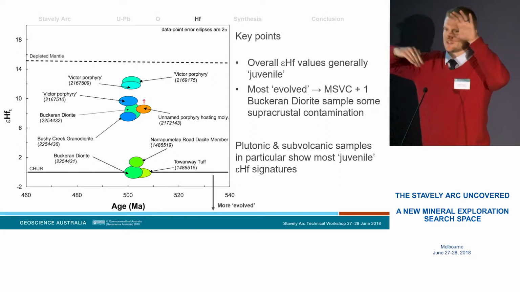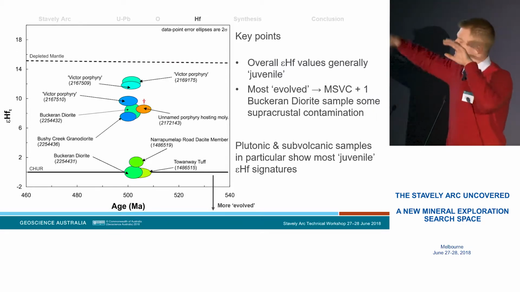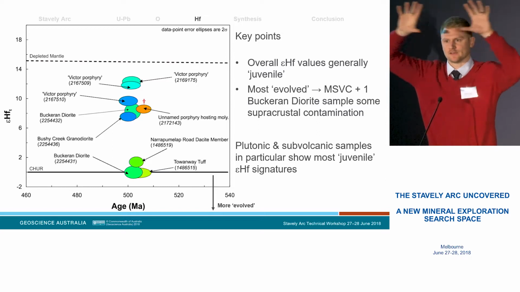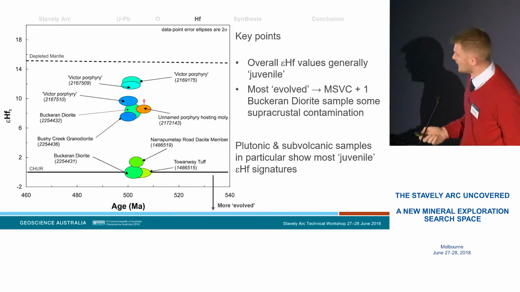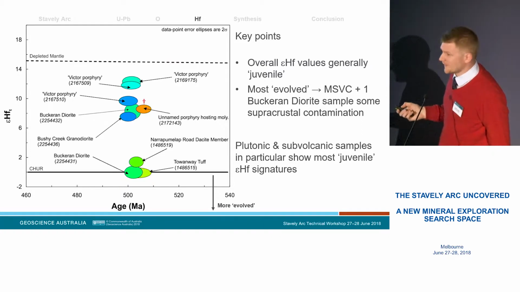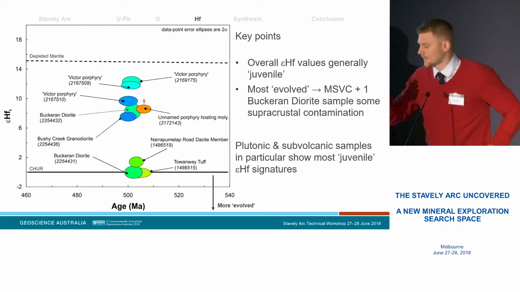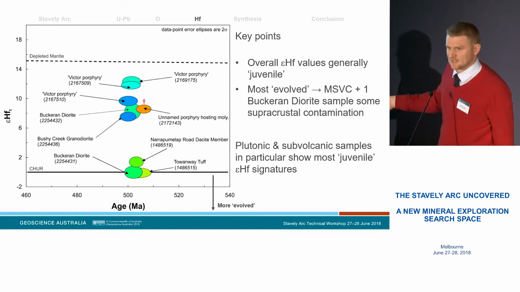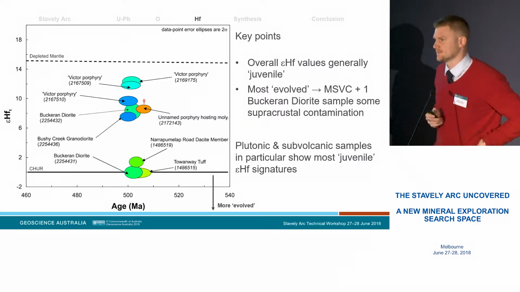So rather than the oxygen telling you what sort of sediments are going in or water incorporated into the melt, this is telling you about the stuff above, so any of the continental crust or the supracrustal contamination that you might witness. And this suggests that if there was more supracrustal contamination, it'd be more evolved, let's say, you'd have values that get much more negative. But ours are quite positive, so it suggests that they're relatively juvenile in this sense.